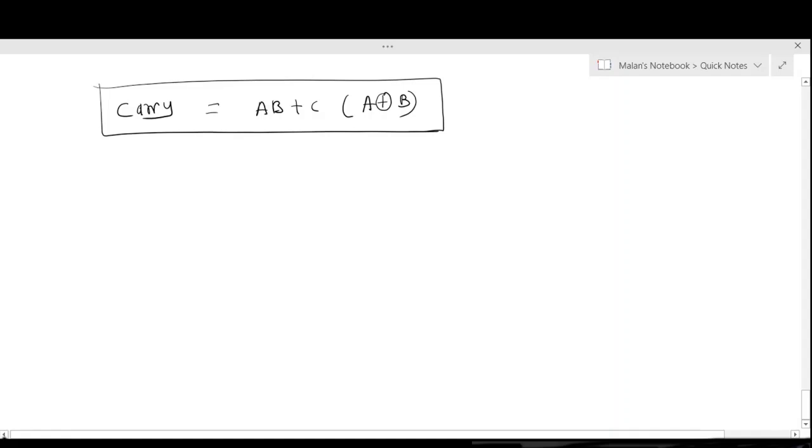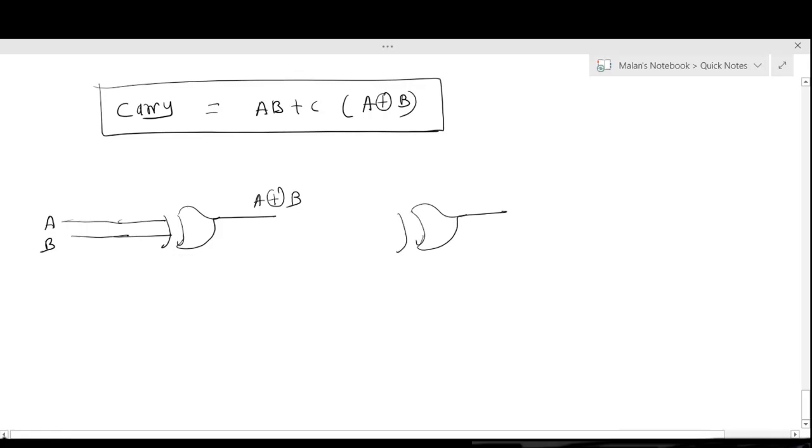For the sum, we know the expression is A XOR B XOR C. I will use the first XOR gate with inputs A and B, and it will generate A XOR B. Now I need one more XOR gate which will take this as the first input and C as the second input. It gives me A XOR B XOR C, which is nothing but the sum.